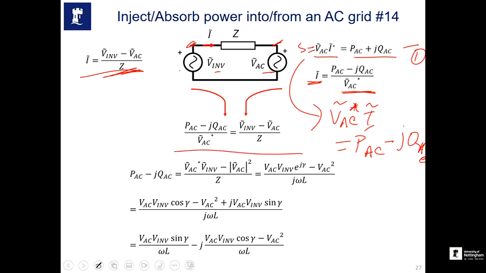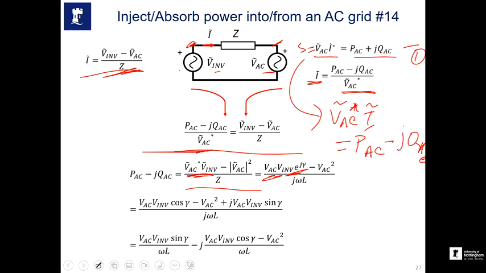So we have this equation, and then the next thing is just a simple algebraic calculation. We multiply this, VAC goes to the right hand side, which gives us this formula. And looking at these two terms, VAC is the AC voltage of the grid, so there is no angle, VAC is just a normal number, but V inverter will have a magnitude and an angle, as you can see in here.